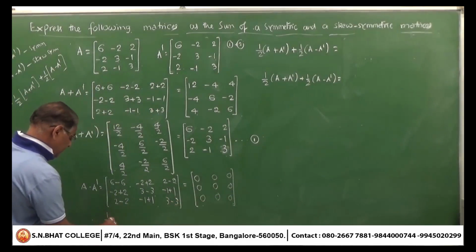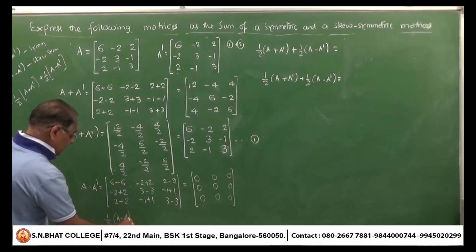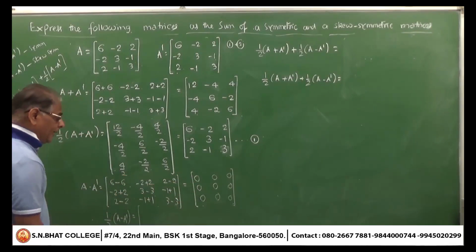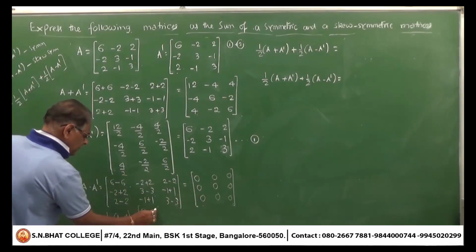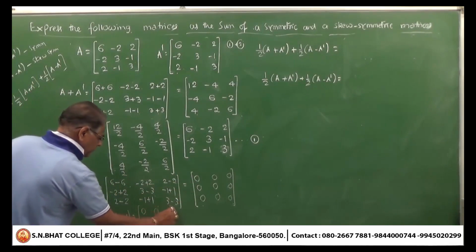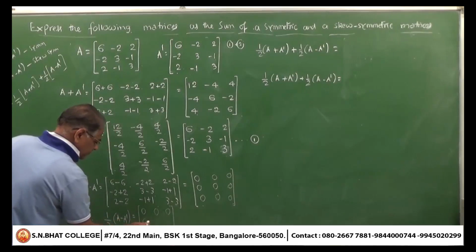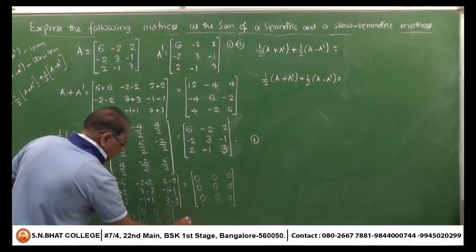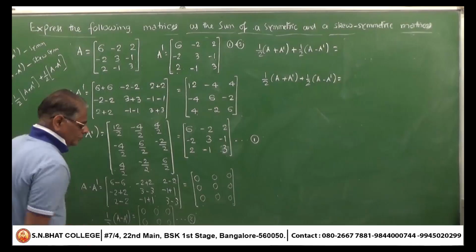Therefore, half into A minus A transpose: since all the elements in the matrix are 0, if you multiply by half, you will get 0 only. This is equation number 2.